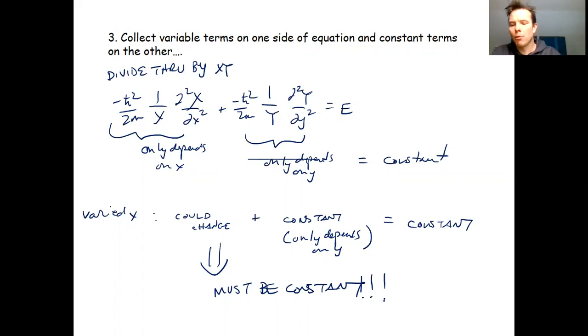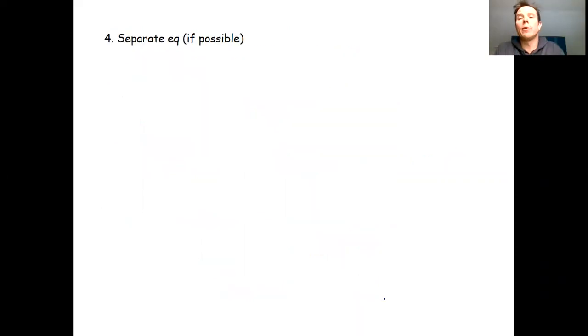And so at this point, we've separated the equation. That is, I can write this equation as follows. Negative h bar squared over 2m, 1 over X, d squared X over dx squared equals E_x.